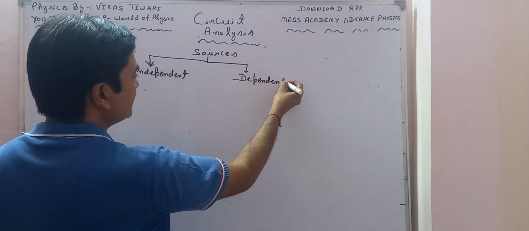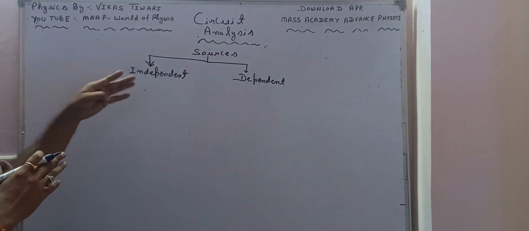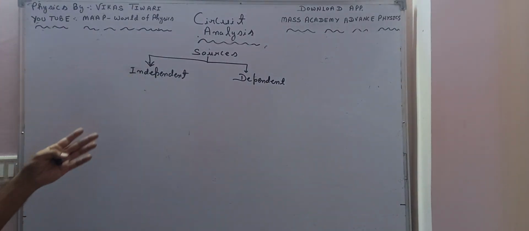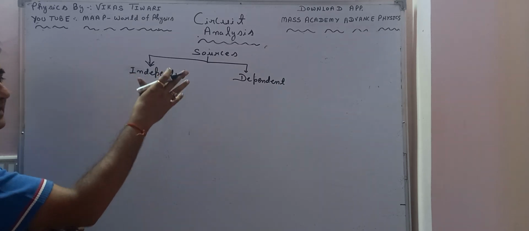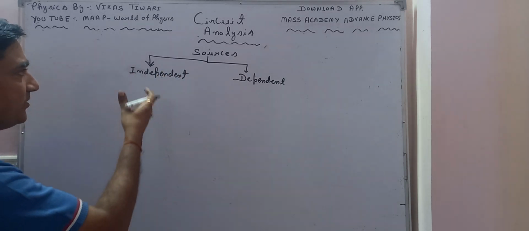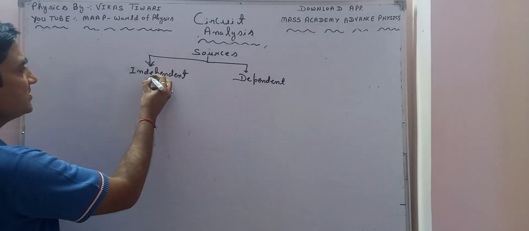Later on I will go through the depth of dependent and independent sources, but right now I am just discussing the categorization.